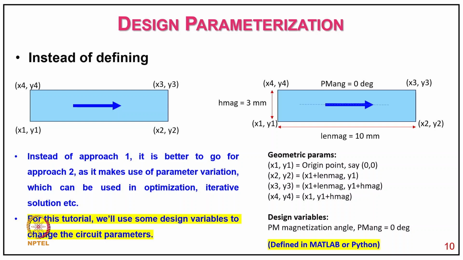On the left side figure, all four coordinates are defined with coordinates, while the second approach uses dimensions in the same parameterization. So, instead of approach 1, it is better to go with approach 2, as it makes use of parameter variation, which can be used in optimization to iteratively find the solution.